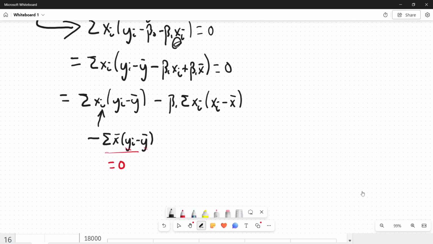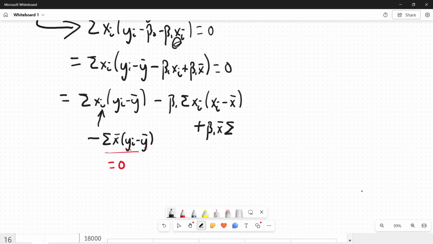I'm going to do the same thing over here. I'm going to not subtract. Oh, I'm going to add beta 1 times x bar. Now over here, this x bar can be outside the summation because it doesn't vary with i, so you can write that either way. I'm going to write it the other way over here.